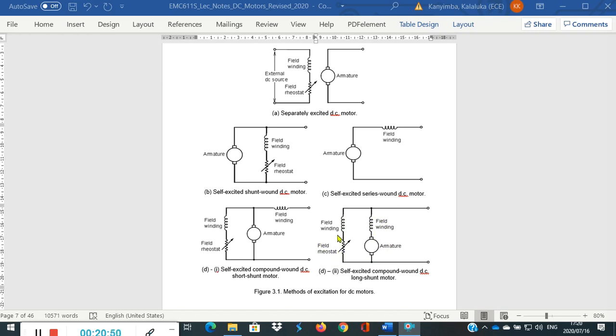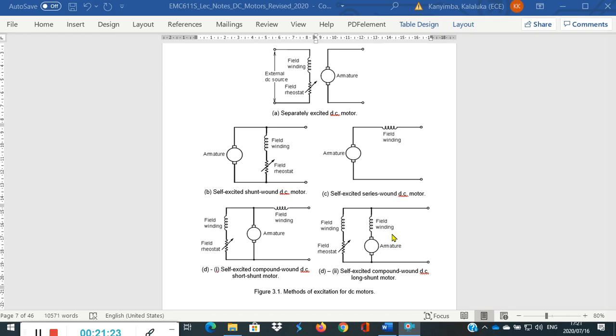And once again, to control the current in the shunt field winding, we have a field rheostat connected in series. To control the flux in the series field winding, we normally connect a diverter, a variable resistor, in parallel with the series field winding.